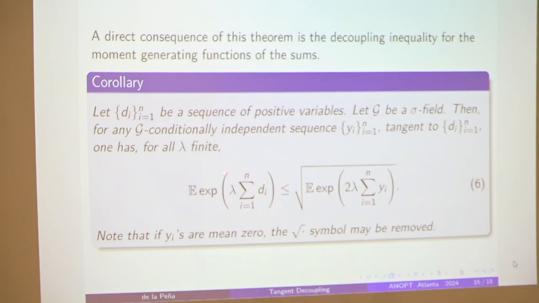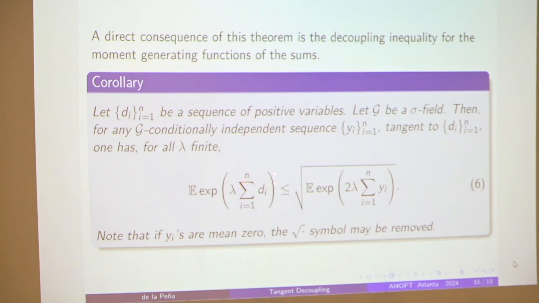And what I'm saying is, you can decouple arbitrary sums with a finite moment generating function by the moment generating function of the sum of the conditionally independent ones. So in the context of Wald's equation, this is an extension of Wald's equation to Laplace transforms, to moment generating functions.